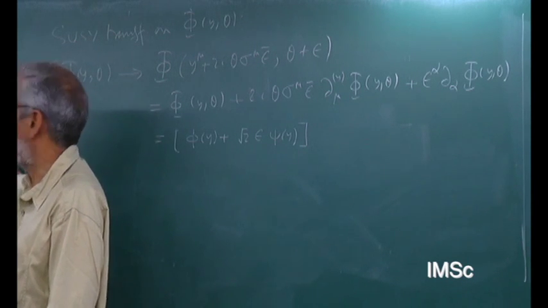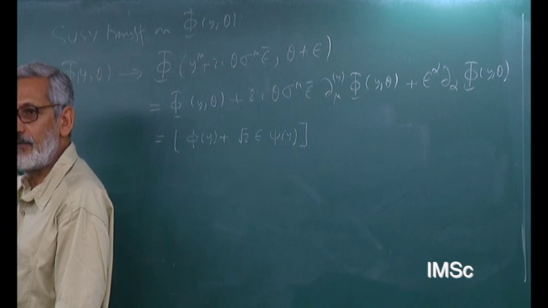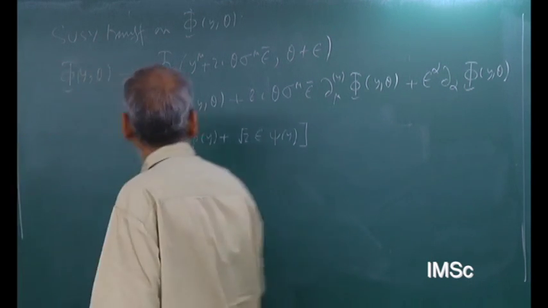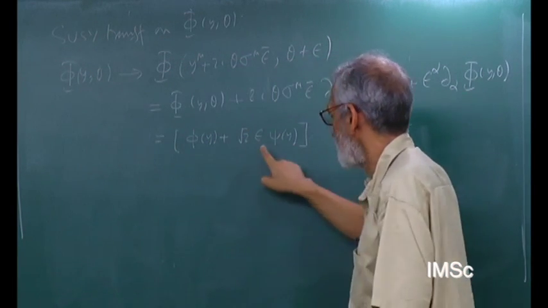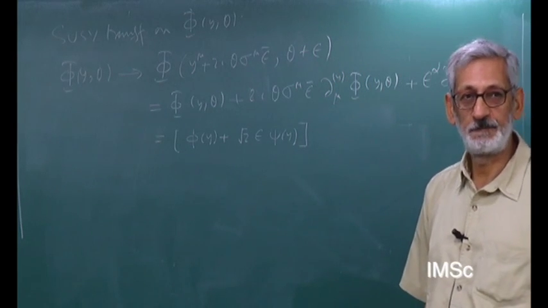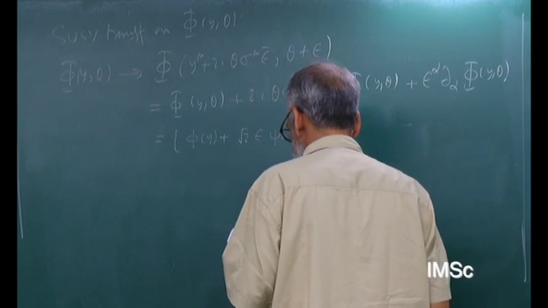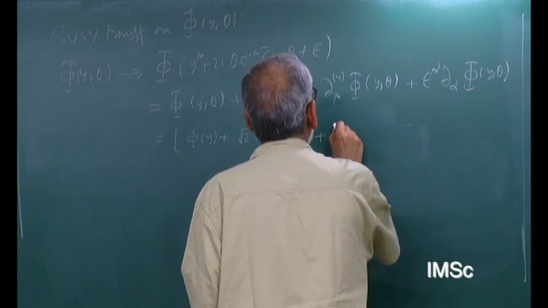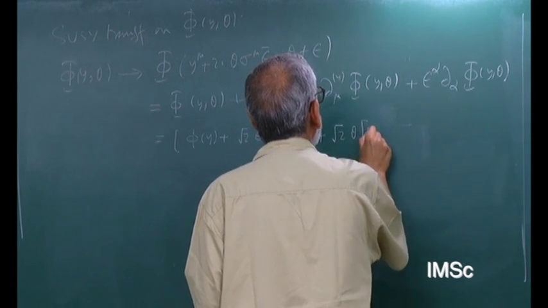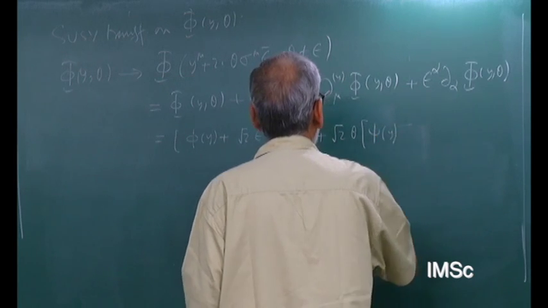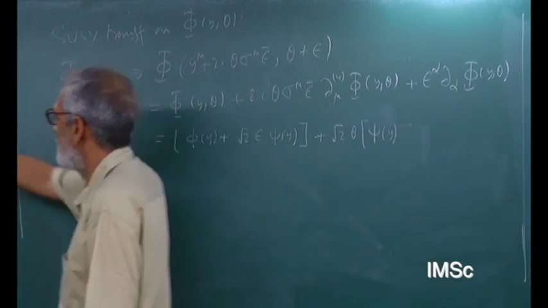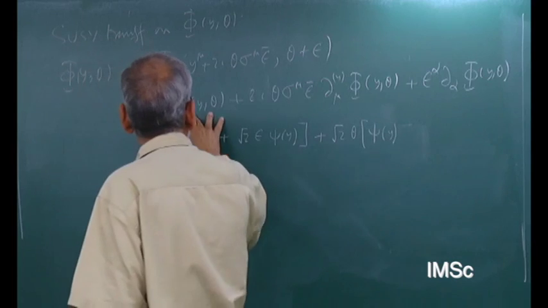So you have root 2 times psi y times epsilon. That's this. Plus this is the term that will come from here.